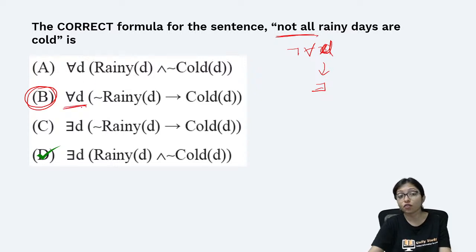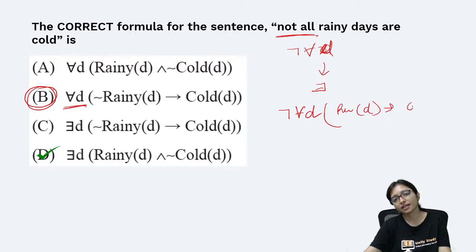It is not for all. Not all rainy days: how to represent? Not for all D, then rainy D implies cold D. Then just imply the same way. So not for all will be changed to there exists, and this will be changed to rainy and cold.